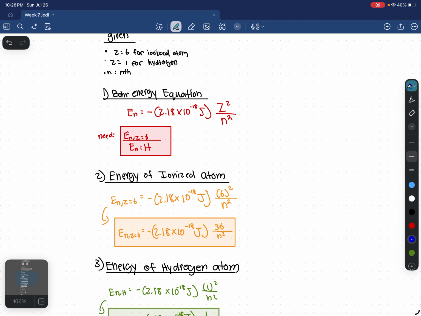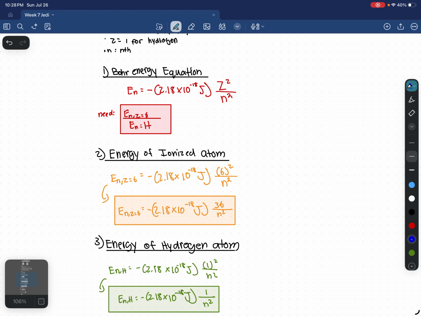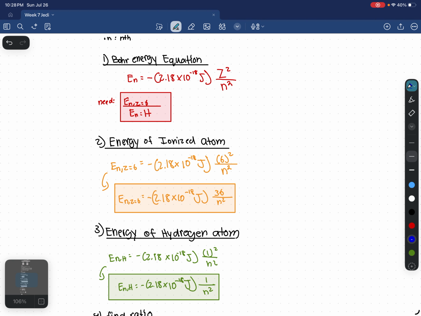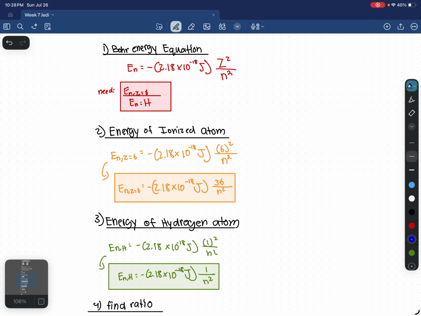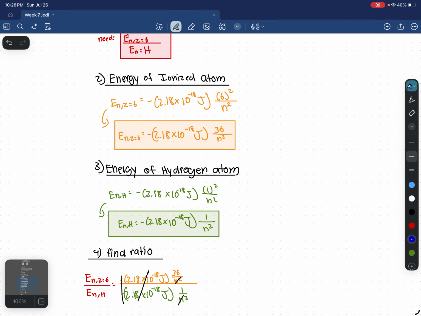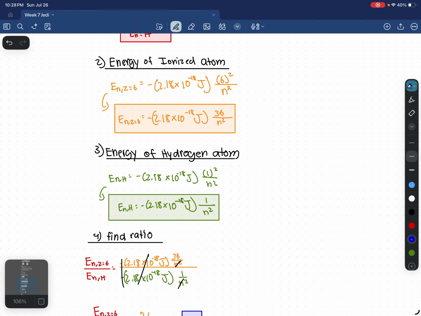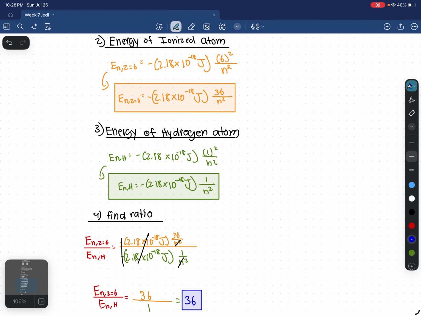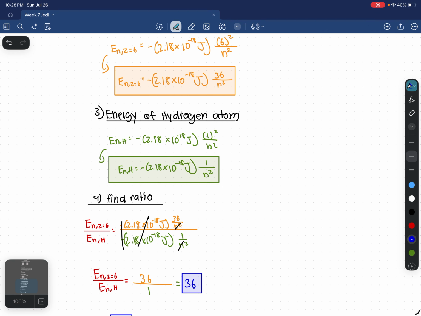To find a ratio between two physical quantities, we must first set up explicit equations for each system using the specific values for each, right? So for the ionized atom, Z was 6 for the single electron, and then Z was equal to 1 for the hydrogen, right?